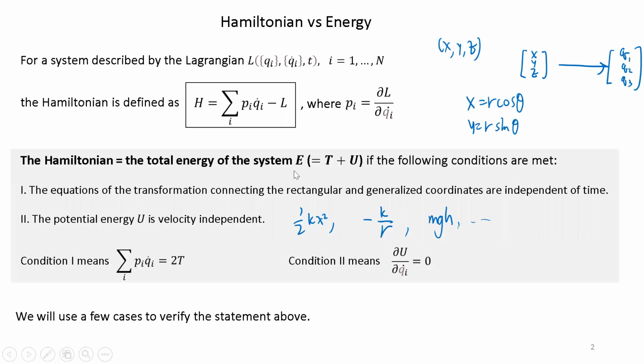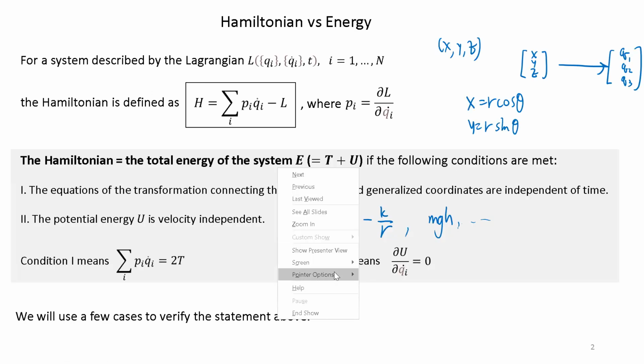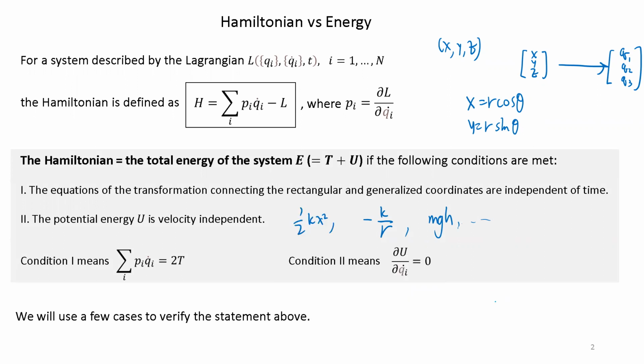Let me make this clear: as long as we find that this sum equals 2 times the kinetic energy, then we can safely say that this Hamiltonian is the total energy, because 2T minus L would be T plus U. That's what we are concerned about, to test whether this sum is equal to 2 times the kinetic energy.